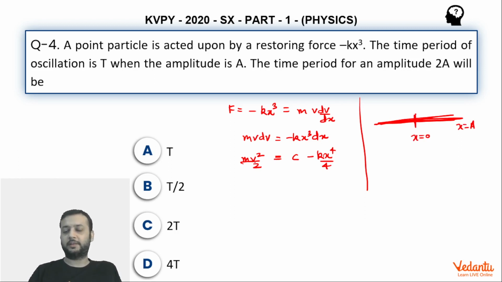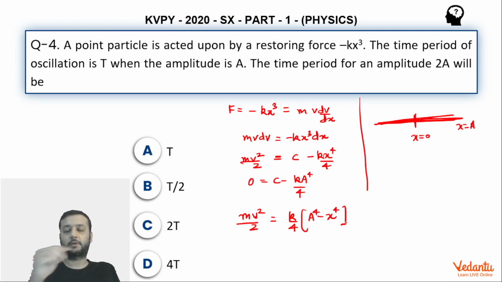So putting v equals 0 and x equals A in this equation, you will get 0 equals c minus k into A to the power 4 upon 4. That means c equals k into A to the power 4 by 4. So we put this back over here and we get mv square upon 2 equals k by 4 times A to the power 4 minus x to the power 4. This is what we get, right?